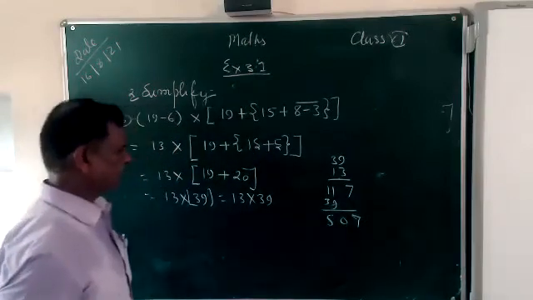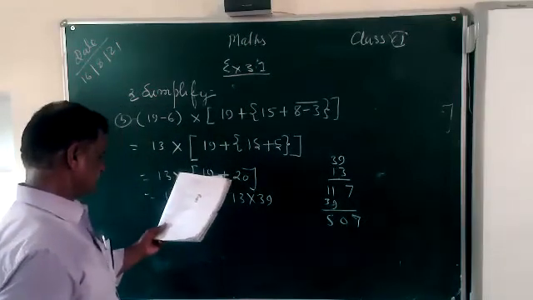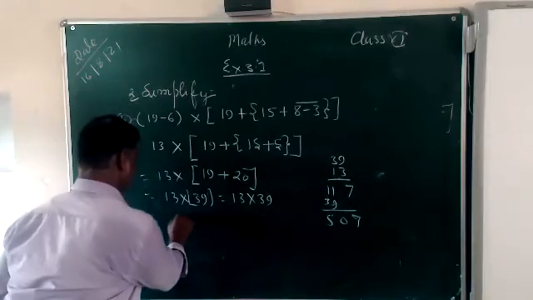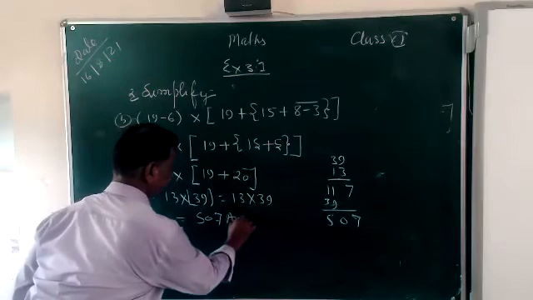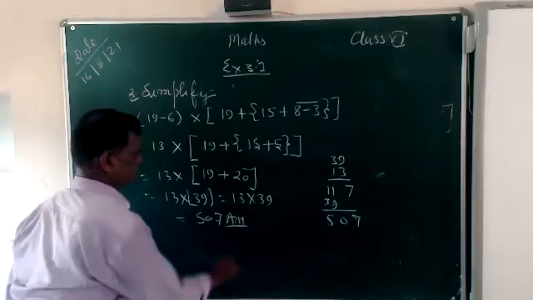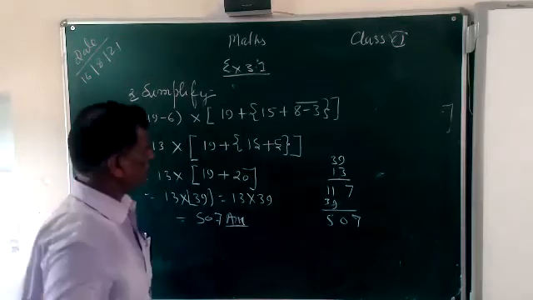This is coming 507. So its answer is 507. Now next question.